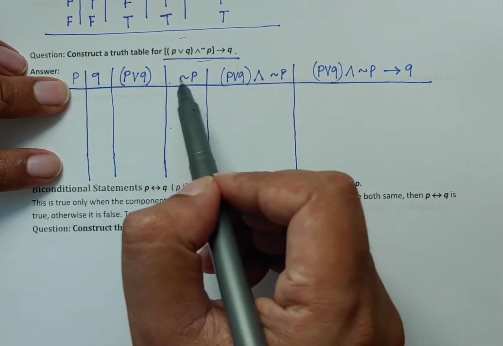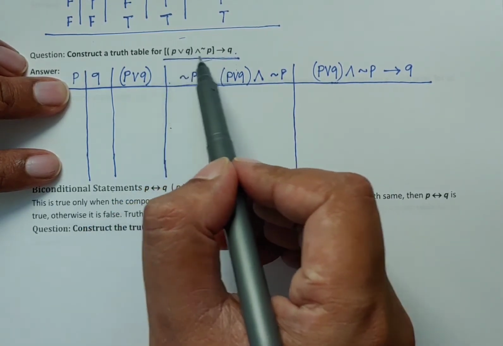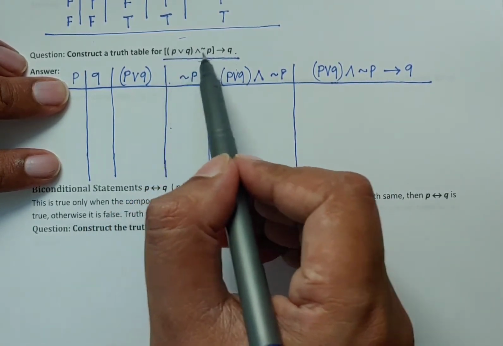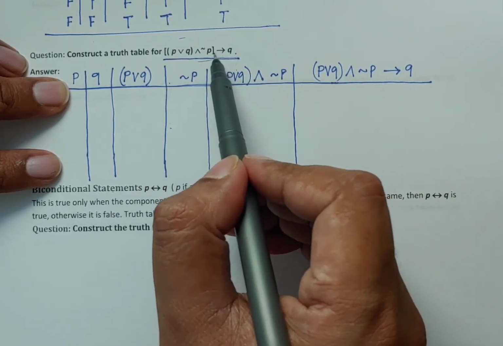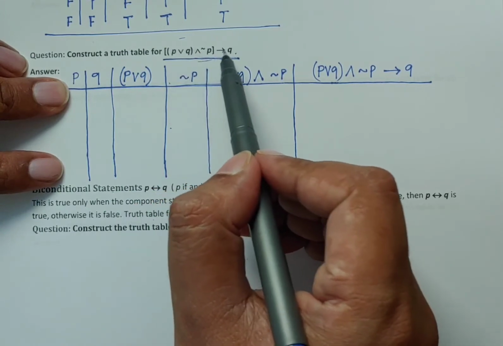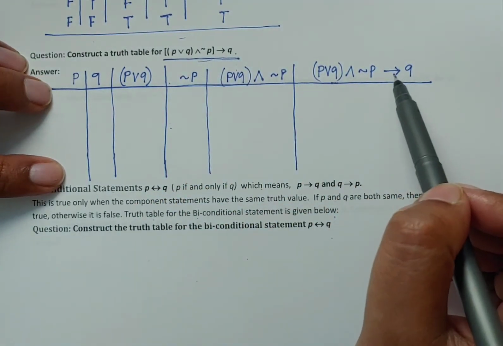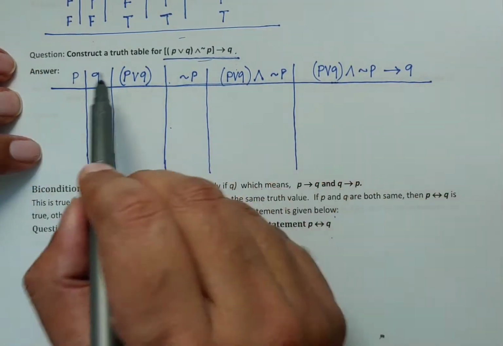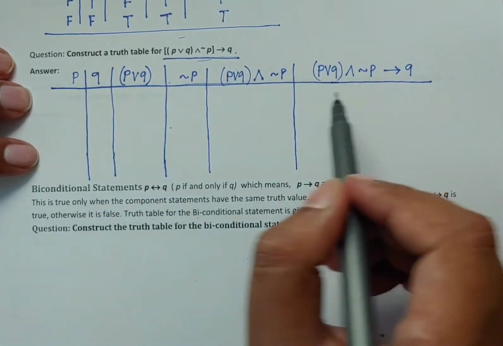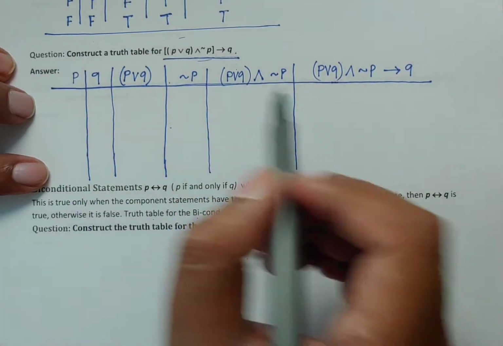So I put that column, combine these two to get this part, and then that implies Q. That's how I set up the headings.